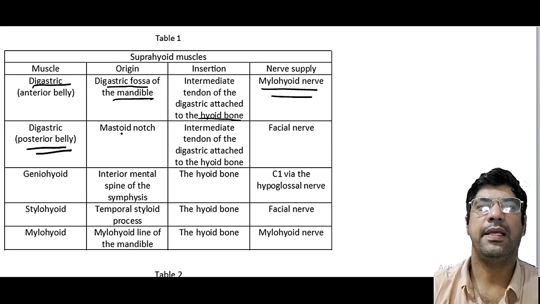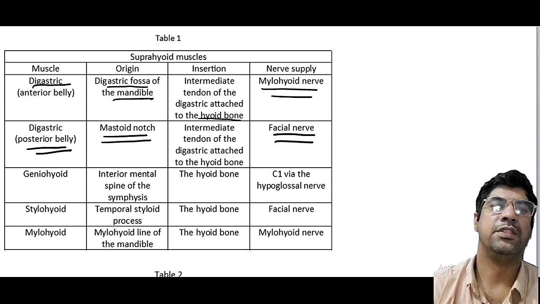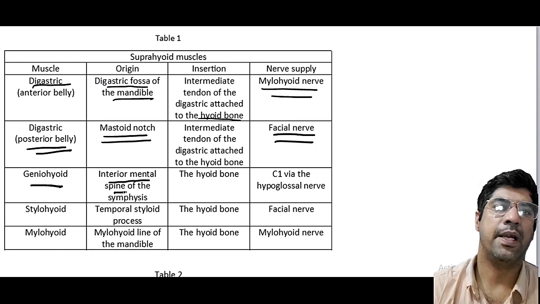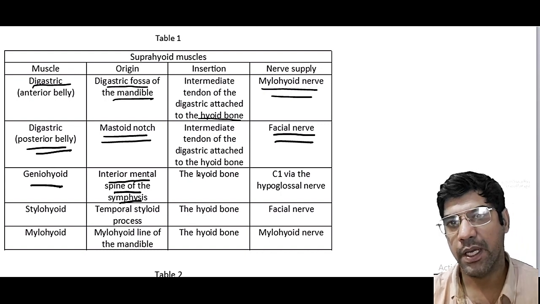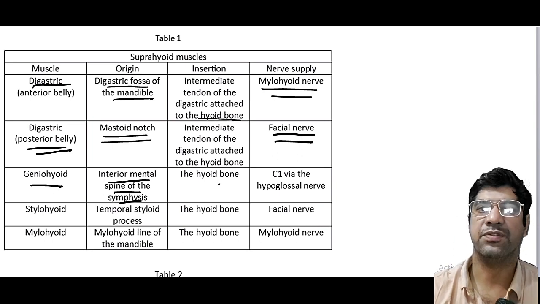For the posterior belly, the origin is from the mastoid notch, and nerve supply is through the facial nerve. The geniohyoid muscle: origin is the inferior mental spine of the symphysis, insertion again into the hyoid bone, and nerve supply is through C1 via the hypoglossal nerve.